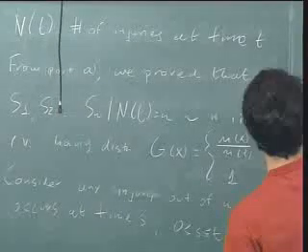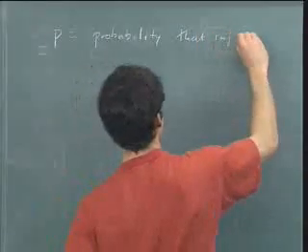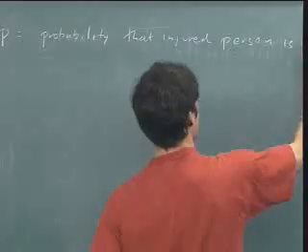So then, let's say p is the probability that the injured person is out of work at time t.